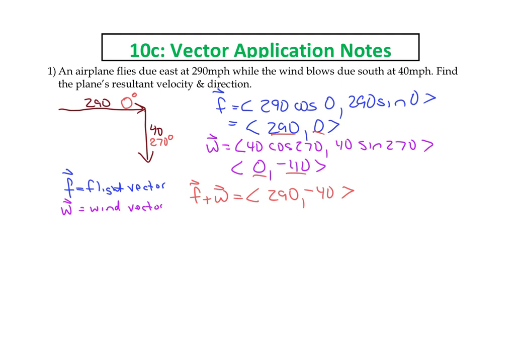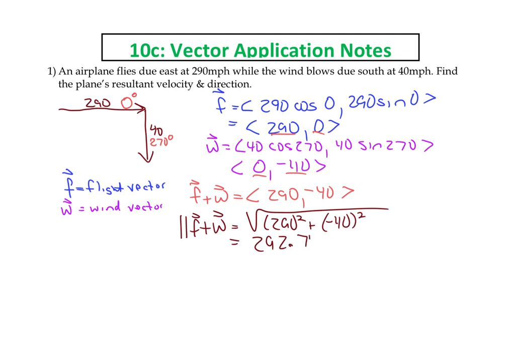Now we're going to find the magnitude. So the magnitude of F plus W is the square root of 290 squared plus negative 40 squared. And this is going to give us 292.7456 miles per hour. So there is one of the solutions that we're looking for.